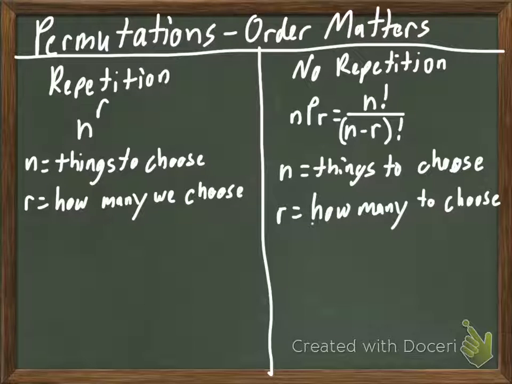So we're going to take everything we have to choose from and divide all that by the number minus how many we're choosing. Basically we're getting rid of anything that could be repeated. That's why we're using this for no repetition.